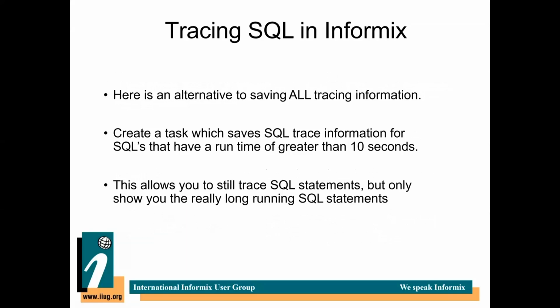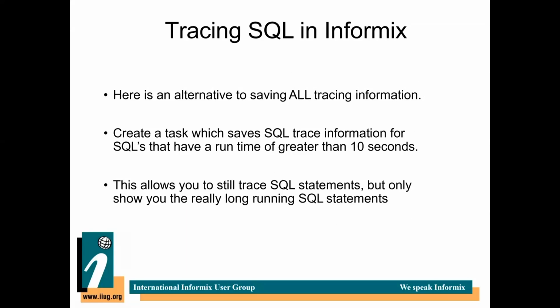Here's an alternative way of saving all trace information. So instead of getting every SQL, in this case, I created a task which saves SQL trace information for SQLs that have a runtime greater than 10 seconds. So this allows you to still trace SQL statements, but only show you the really long running statements.